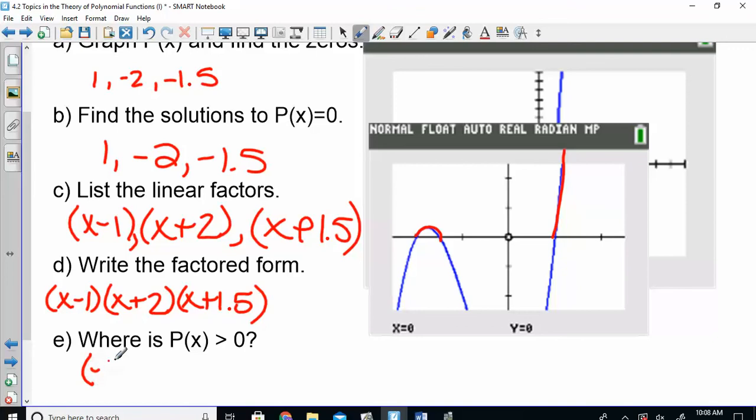So if you want an interval, this one starts at -2 and ends at -1.5. We didn't want equal to, so they just get parentheses. And this one starts at 1 and goes to infinity. Good. Okay.